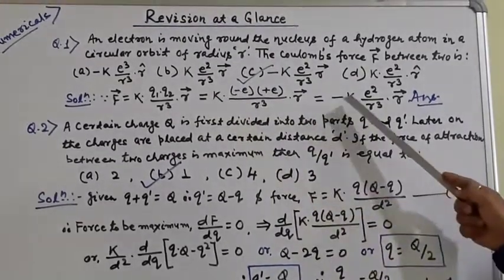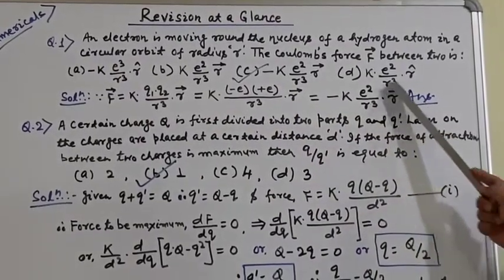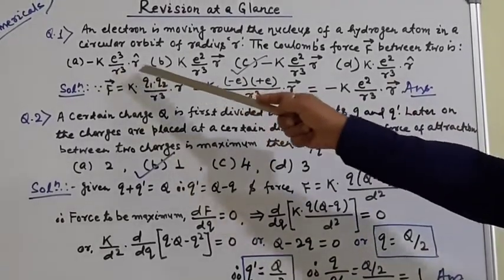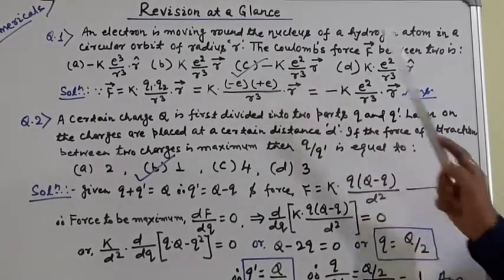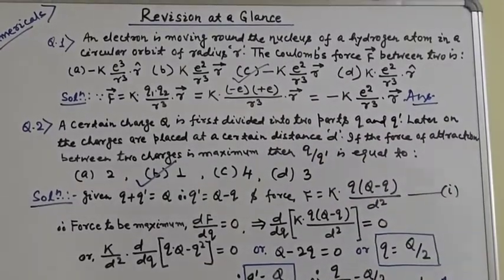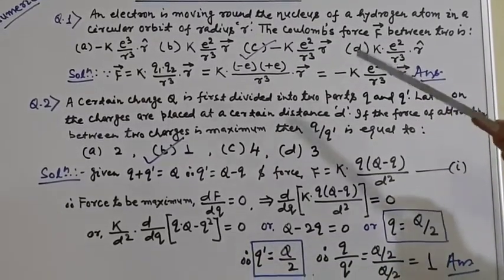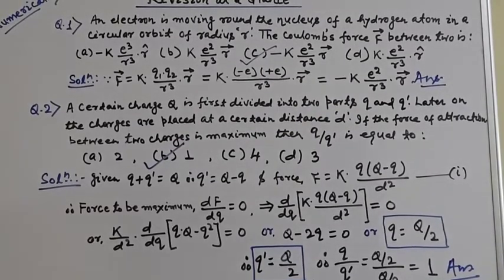Minus K e into e, that is minus K e square by r cube times vector r. This is the answer of this question. So find the answer in this one. This answer is C over here. Already I marked it earlier. So answer C is correct. This way we have got the Coulomb force F between the electron and the hydrogen nucleus.